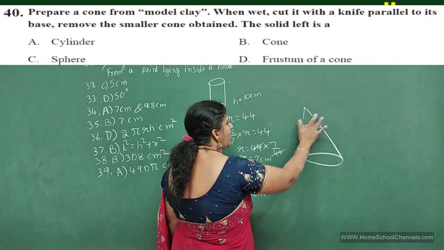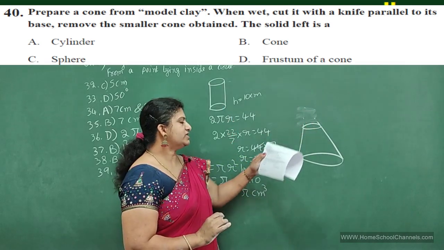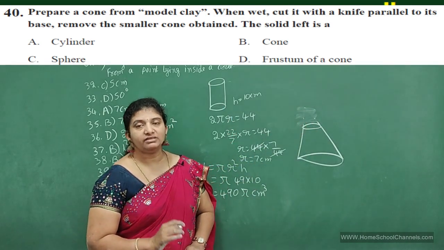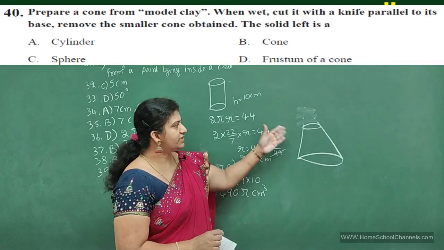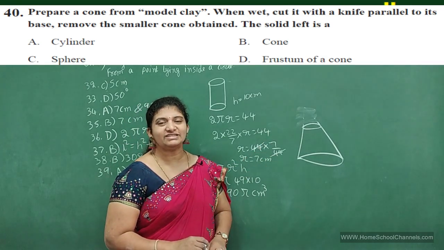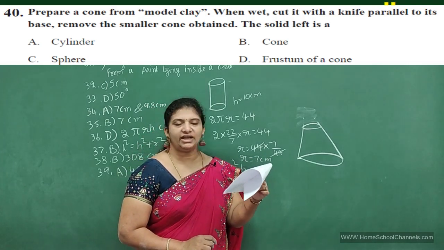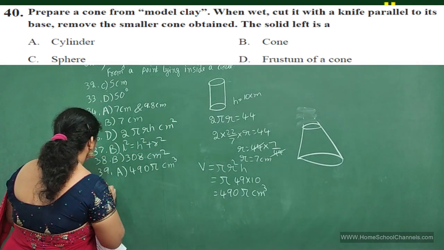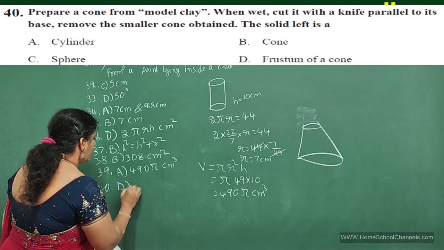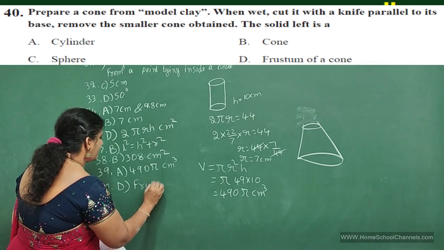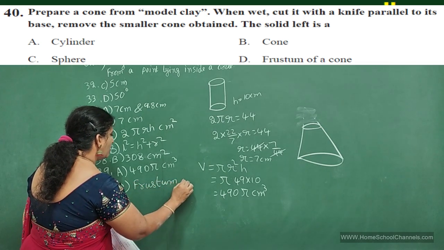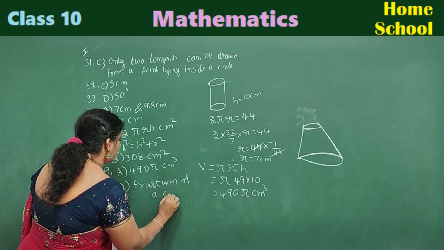If the smaller cone obtained is removed, the solid left is, which solid can you see here? It is a frustum of a cone. Let's see the options. Option D, frustum of a cone.